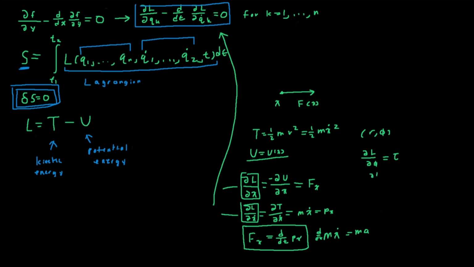And then the partial with respect to phi prime is going to equal, I'm reusing L, but let's just say angular momentum. So what I'm trying to get at here is that generalized forces and momenta need not necessarily have the dimensions of force and momentum.